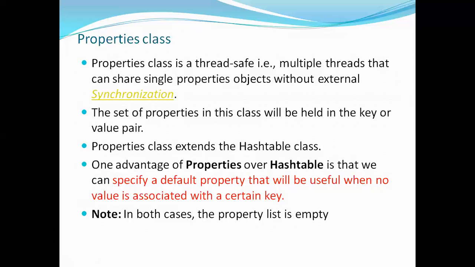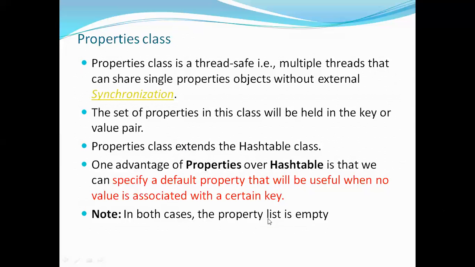Whereas in hash table, as we said, neither the key nor the value should be null. Here in property, if it is null, we can specify a default property when the value is not there. So that's the main advantage. And in both cases, the property list is empty.